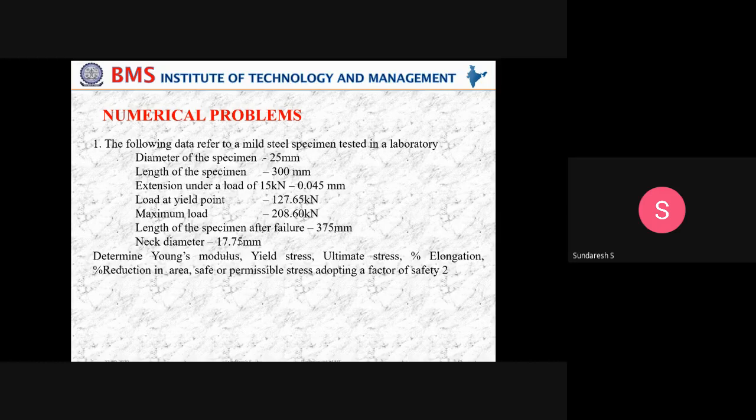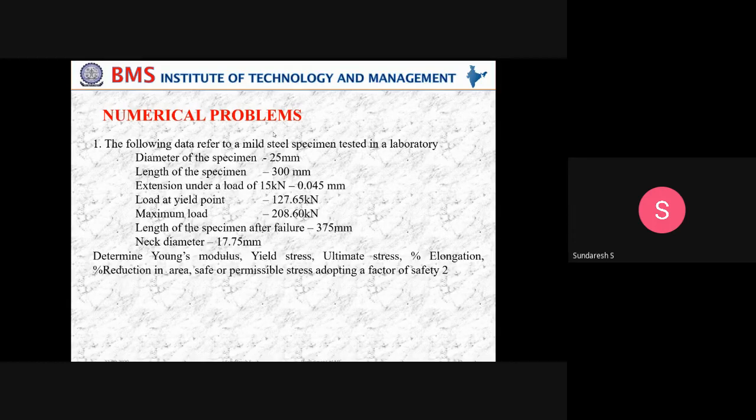What is the P we are going to consider here? Since the extension is given for 15 kilonewton, because at this point only you can get the deformation, and from the deformation you can calculate the strain, therefore 15 kilonewton will be considered as the load. That load is divided by the cross-sectional area.